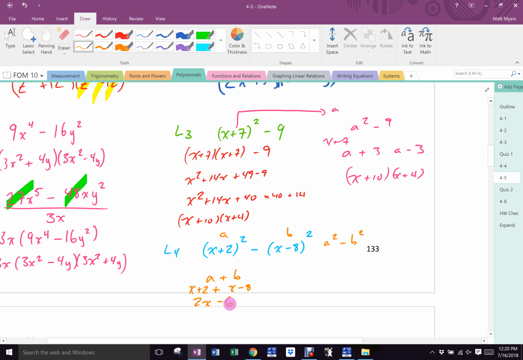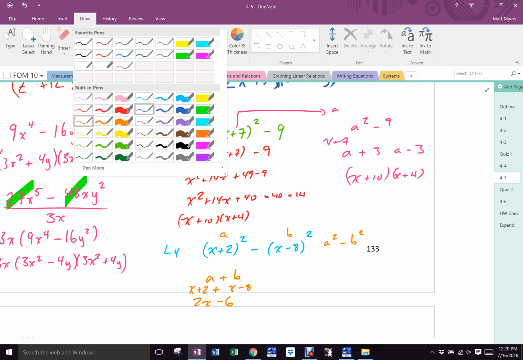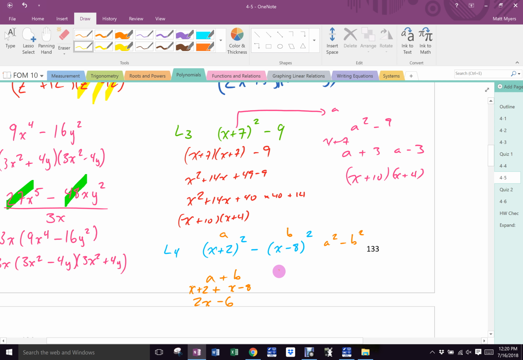Are you cool? Okay. And then over here, I'll use a different color to make it easier. Over here, I had A minus B, right? And A is x plus 2 minus x minus 8. Well, x minus x is 0. 2 minus minus 8 is 2 plus 8, which is 10, correct?